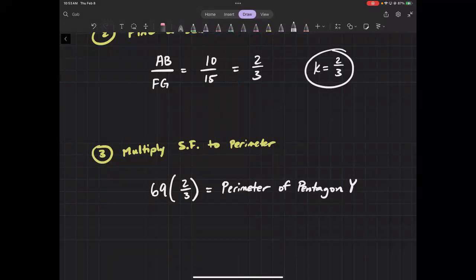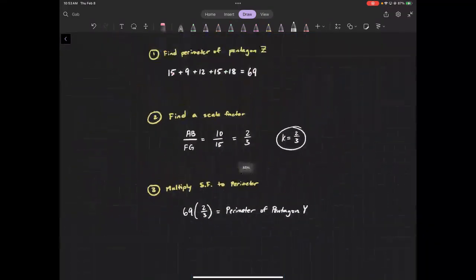And you guys can use a calculator for that, but if you don't want to, I like to think of it as 69 divided by 3 first.